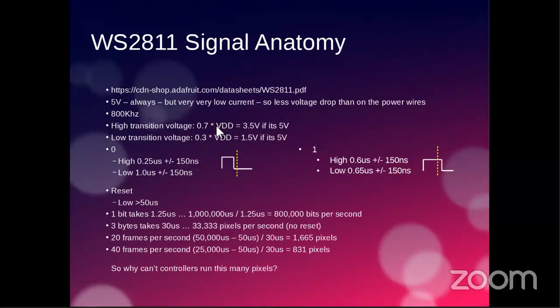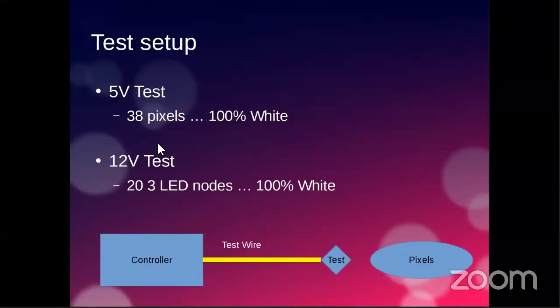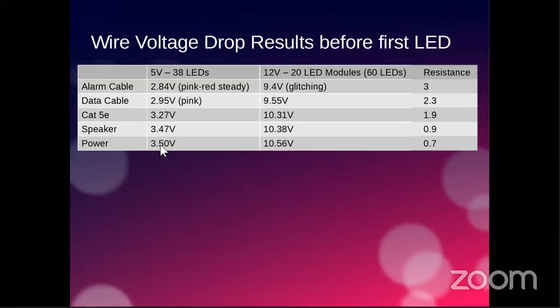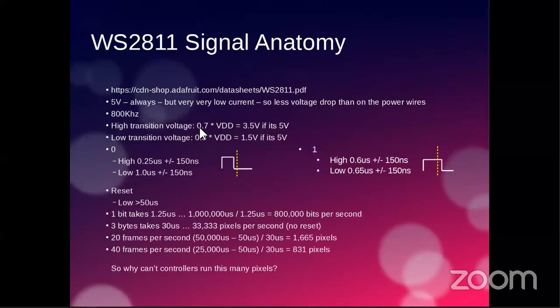Well, that means that if the voltage hitting the pixel is 5 volts, then VDD is 5 volts, and 0.7 of 5 volts is 3.5 volts. But as you saw in the previous slide, if the power is actually 3.5 volts when it gets to the pixel, then the high transition is 0.7 times 3.5 volts, which is obviously lower.